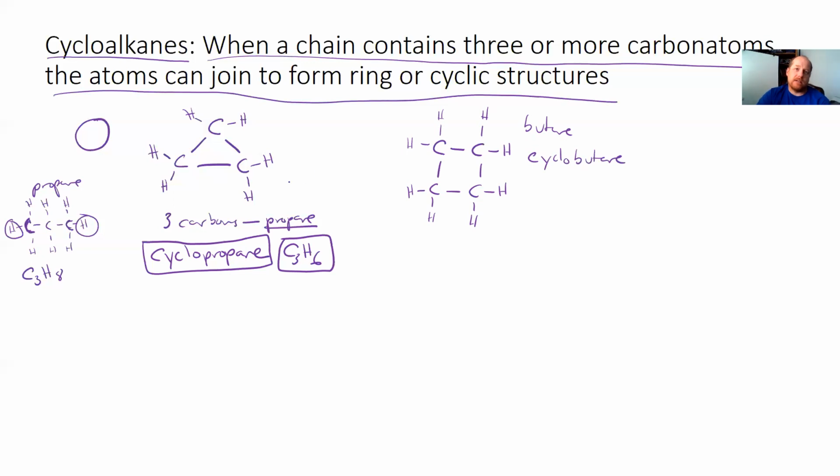And by the way, we can draw these with line angle formula as well. So cyclopropane's line angle formula is a triangle, right? All of the carbons are at vertices. Cyclobutane is a square. If you wanted to do cyclopentane, you'd have a pentagon.